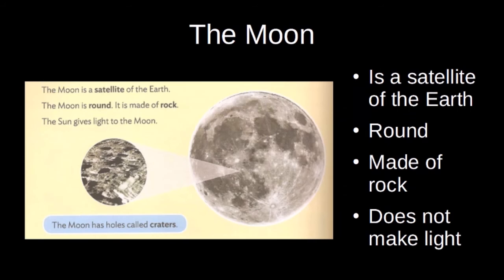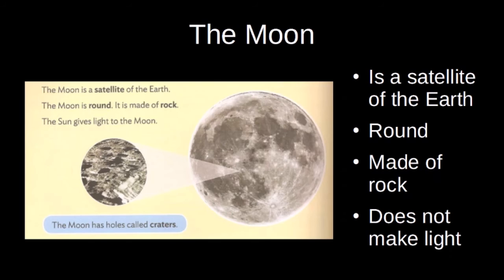We're also going to be looking at the moon. We already talked about how it's a satellite of the Earth, so that means it goes around the planet. It's round, it's made of rock, and it does not make light. So the only thing that makes light are stars.